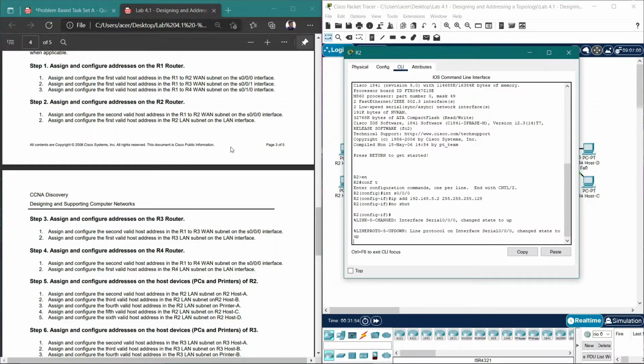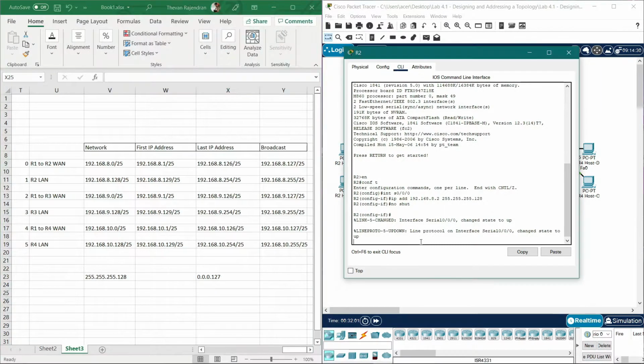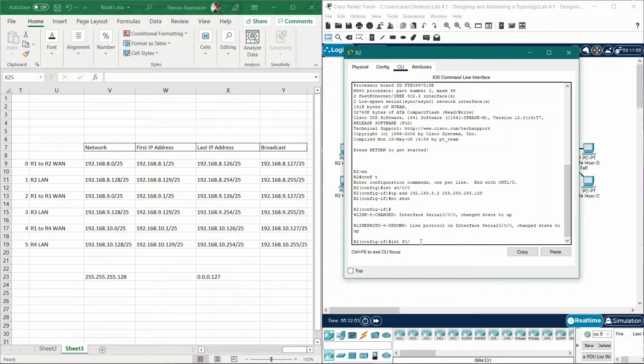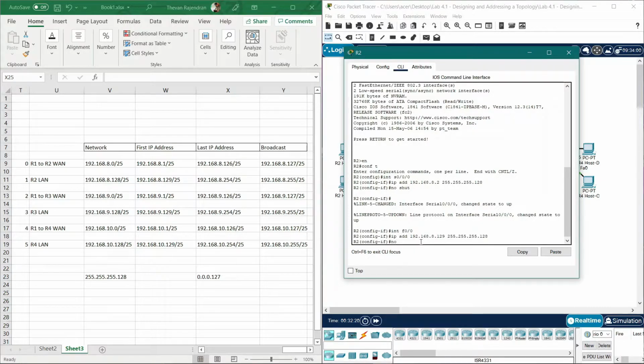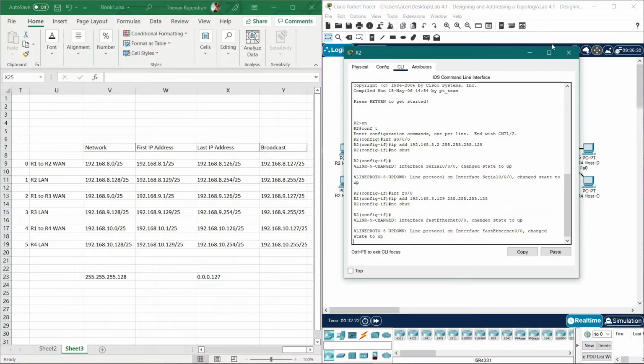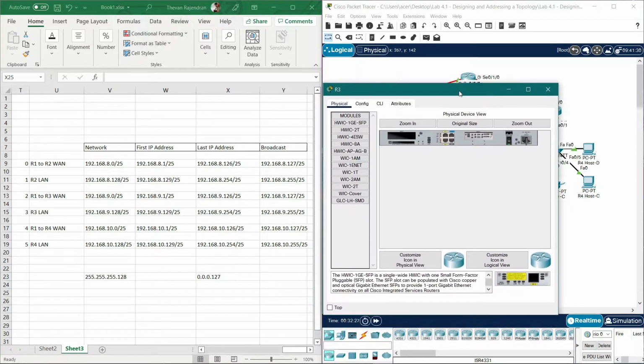For the F0/0 interface, the first valid host address in the R2 LAN, 192.168.8.129, and the no shut. Same goes to the R3 and R4.